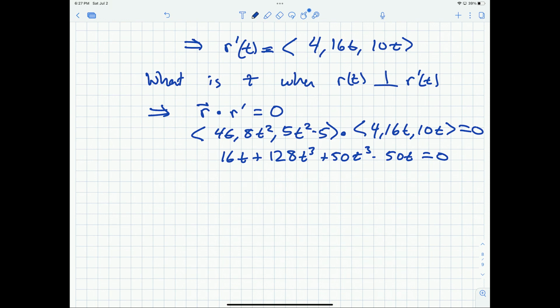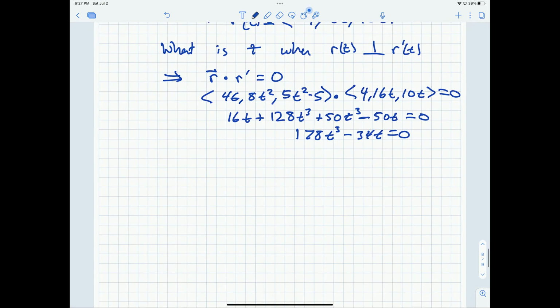So you get this. You're going to have to do a little bit of work here. So we have 178t cubed, and then we got negative 50t and positive 16t, so that's negative 34t. Give me a second here. I feel like I'm making a mistake because I'm just rushing here.